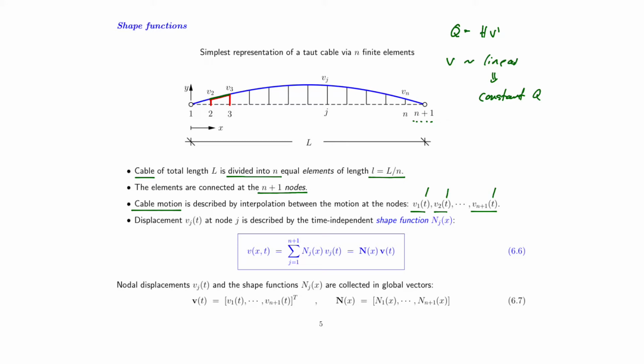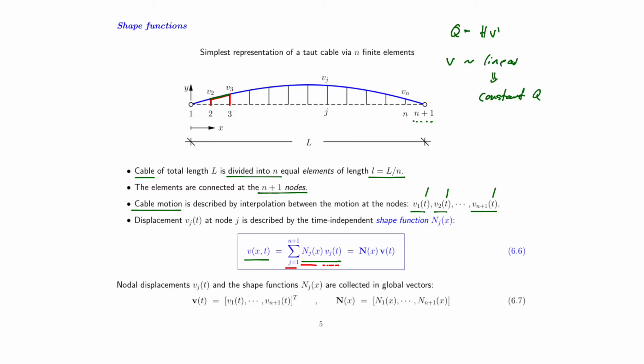So please note that the solution to our transverse displacement v(x,t) is actually given by separation of variables. So we use a displacement function N to take care of the spatial representation, whereas nodal values represent the temporal dependency. And then we simply sum over all shape functions.